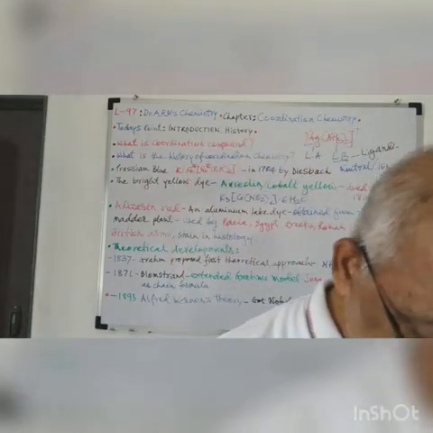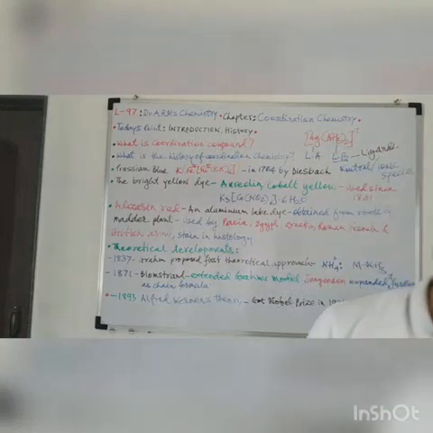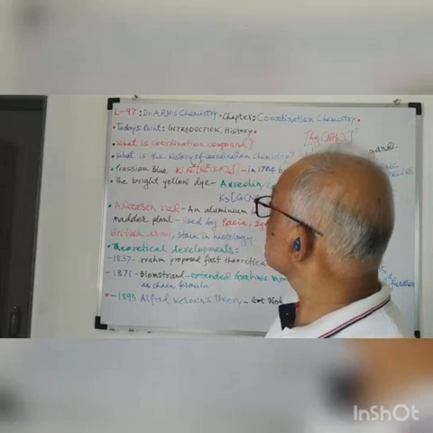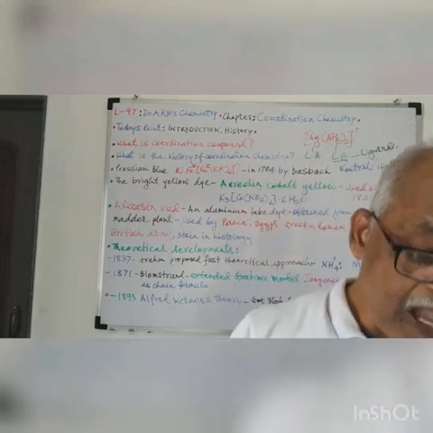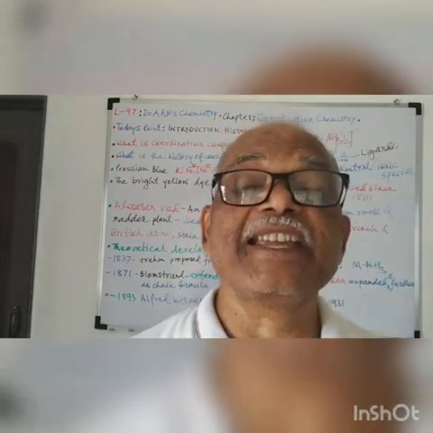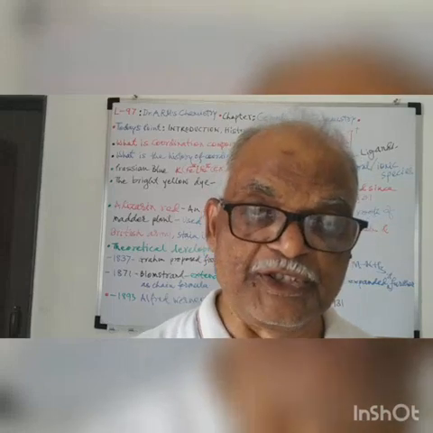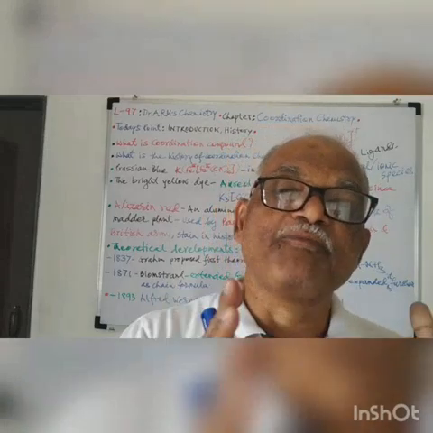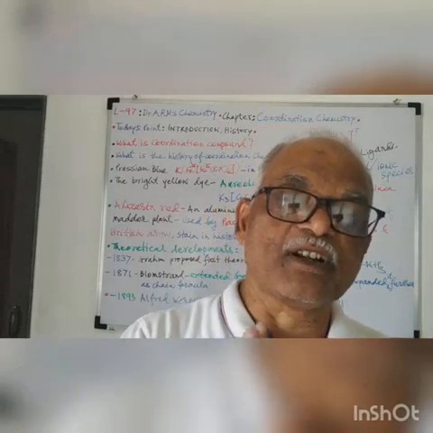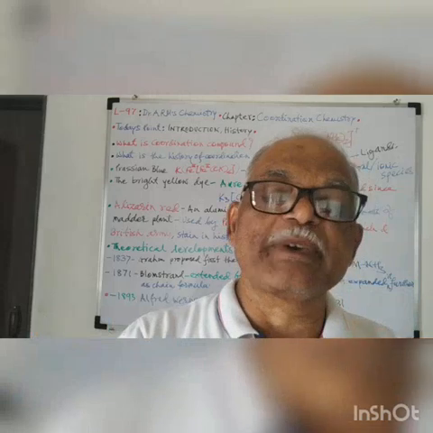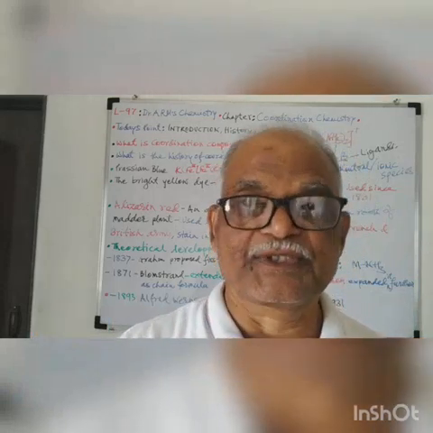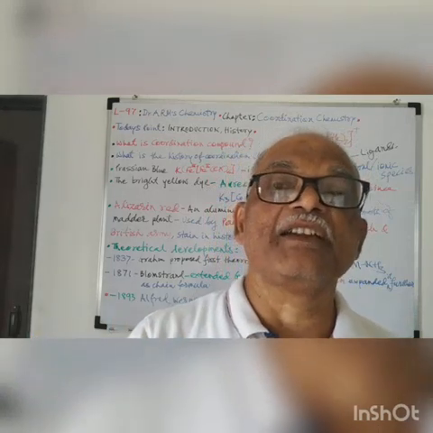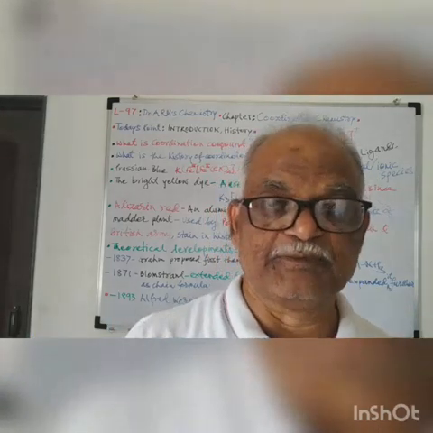Then, what is a coordination compound? A coordination compound is a neutral species. It can be a single species or a pair of cation and anion, in which at least one of the ions is a complex species.